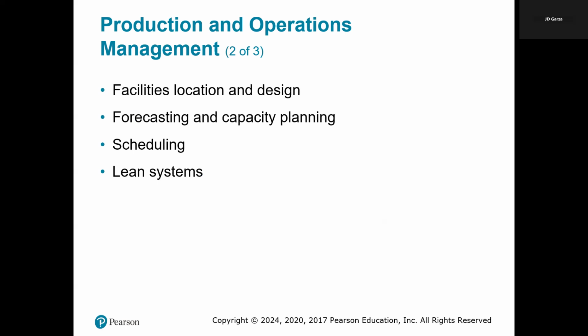So now we dive into the core elements of effective production and operations management. And this covers the strategic decisions that shape how a company produces its goods and services, ranging from where facilities are located to how resources are planned and schedules are managed, and even efficiency that is maximized through lean systems.